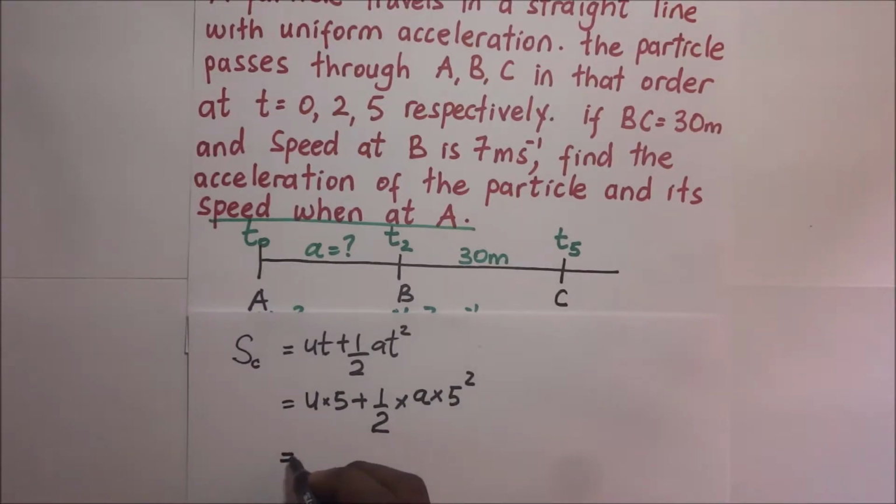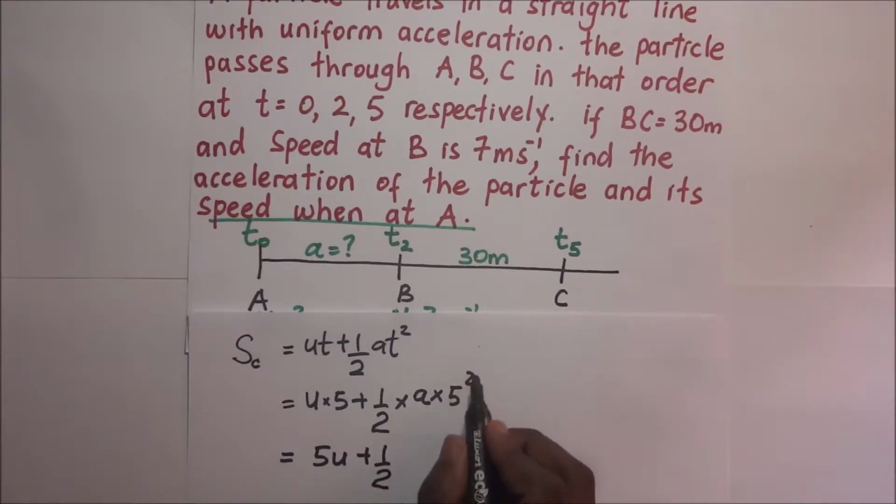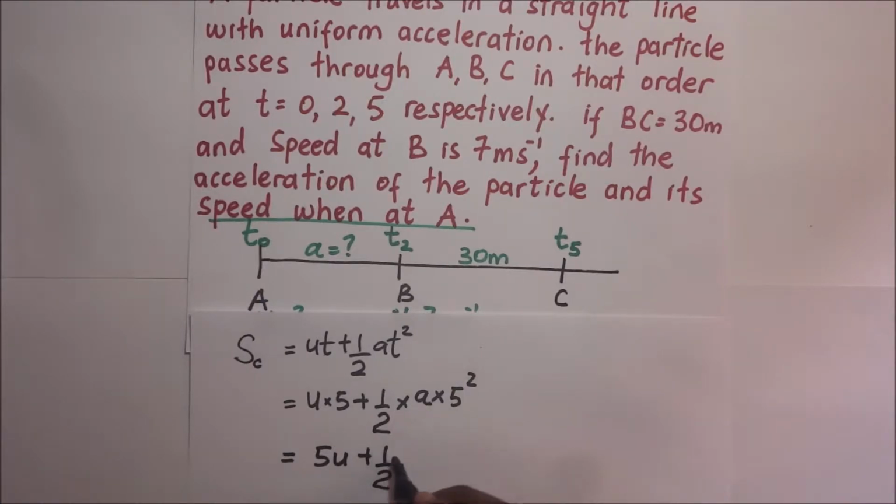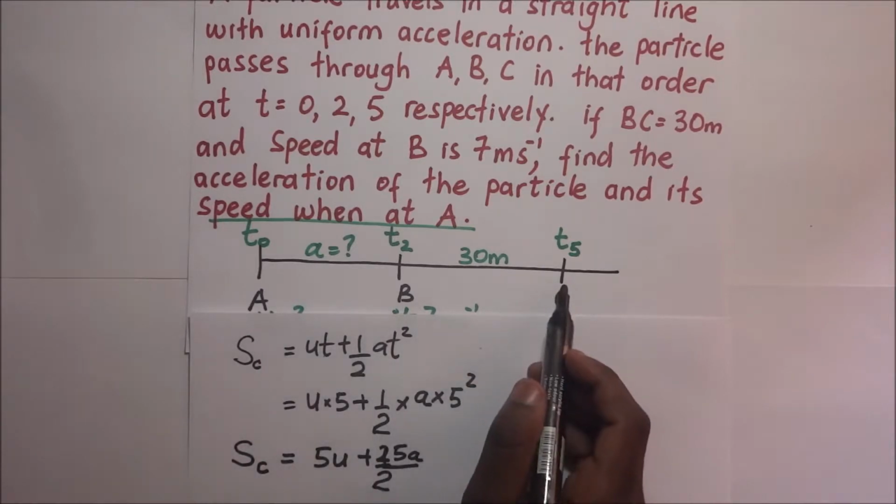Of course, here we are going to end up with 5u plus a half times 25a, so this is 25a divided by 2. So this is the distance covered after reaching point C.